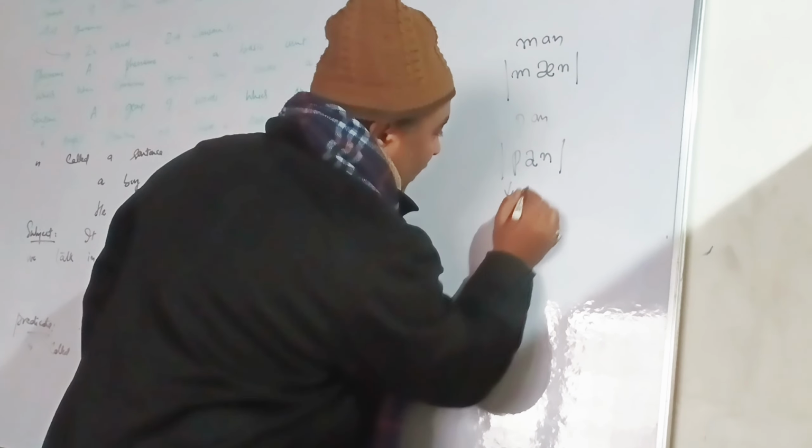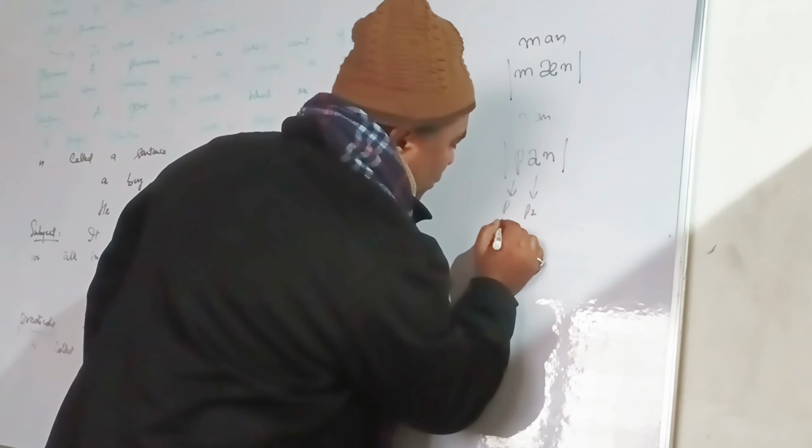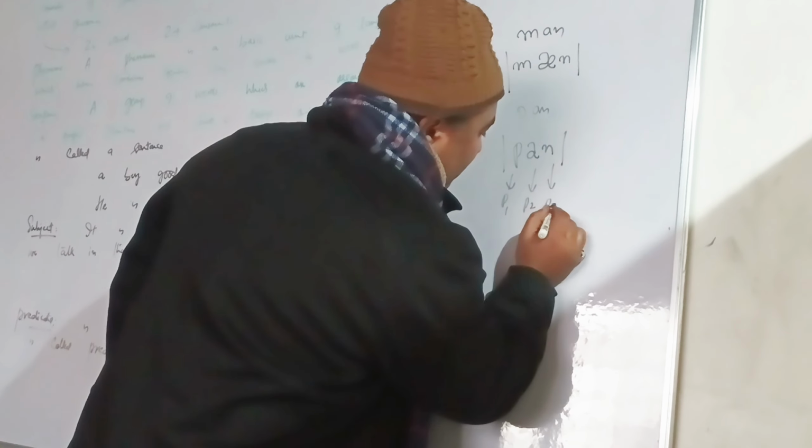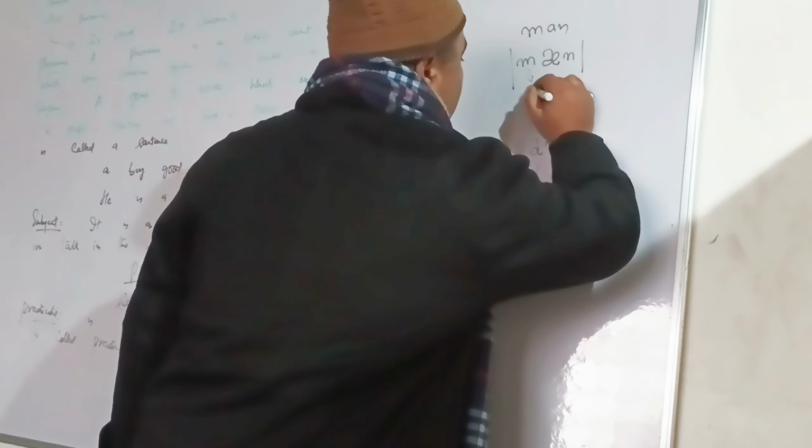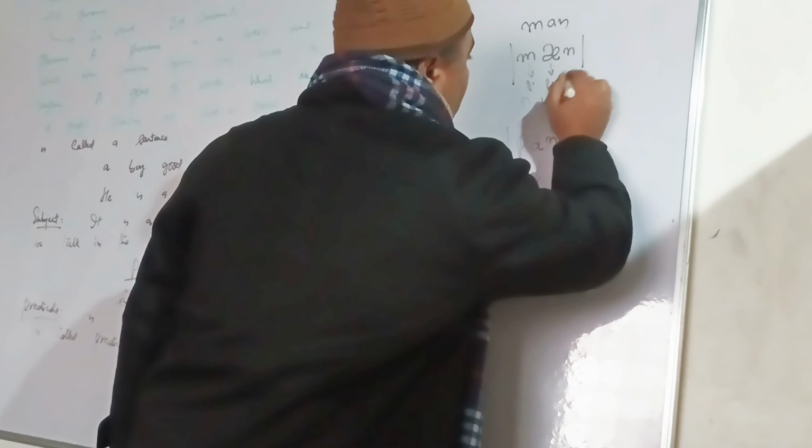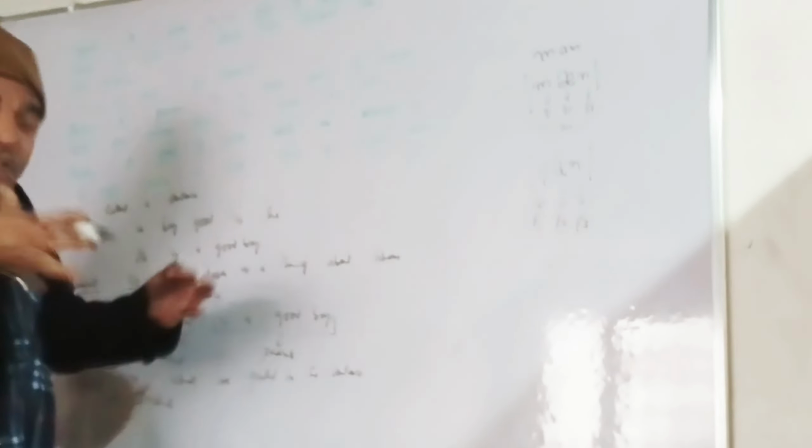This is phoneme 1, phoneme 2, phoneme 3. This is how the phonemes come together and form the word.